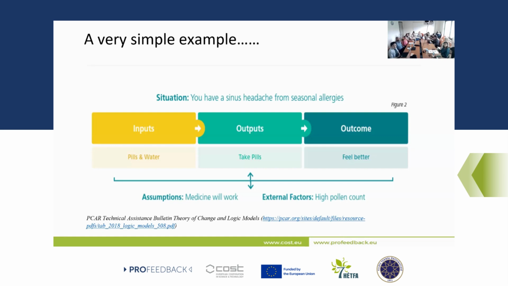Taking the pill is the output. The outcome is that you feel better. So that is exactly what is going on with regards to input, output, and outcome. What is the assumption? The medicine will work, it's a good medicine. Also, external factors: we have a high pollen count, which also goes with this situation.